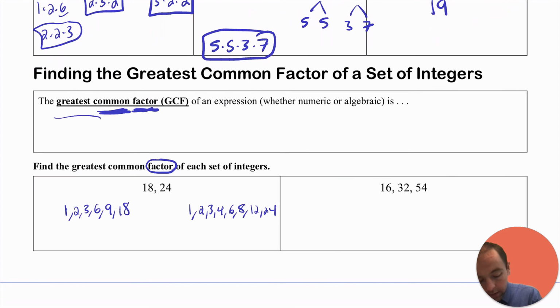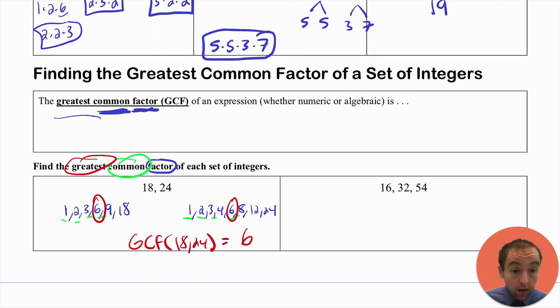Then we'd want to identify any ones that they have in common with each other, which would be 1, 2, 3, and 6, and then you find the greatest of those, which would be the 6. So the GCF of 18 and 24 is equal to the number 6.